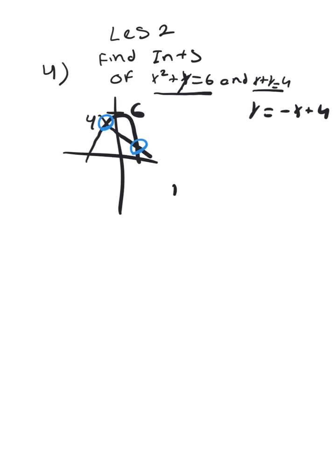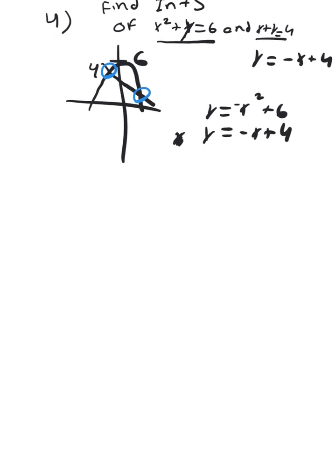Well, we gotta do a quadratic equation. So if we make both of these equations equal to y, we find that y equals negative x squared plus 6. And this one is y equals negative x plus 4.